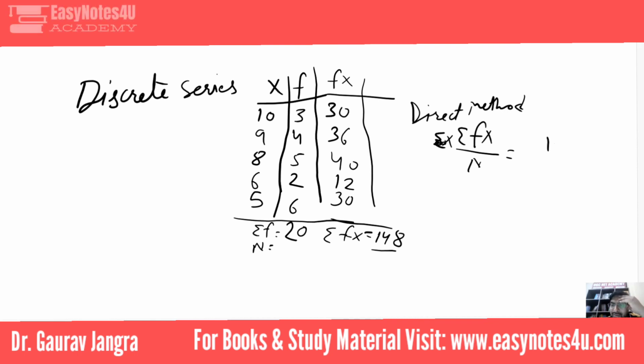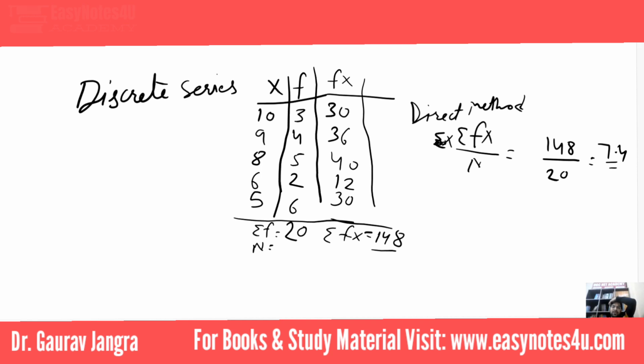So summation fx is 148 divided by 20. So it will be around 7.4 something. So it will be the value of the mean.